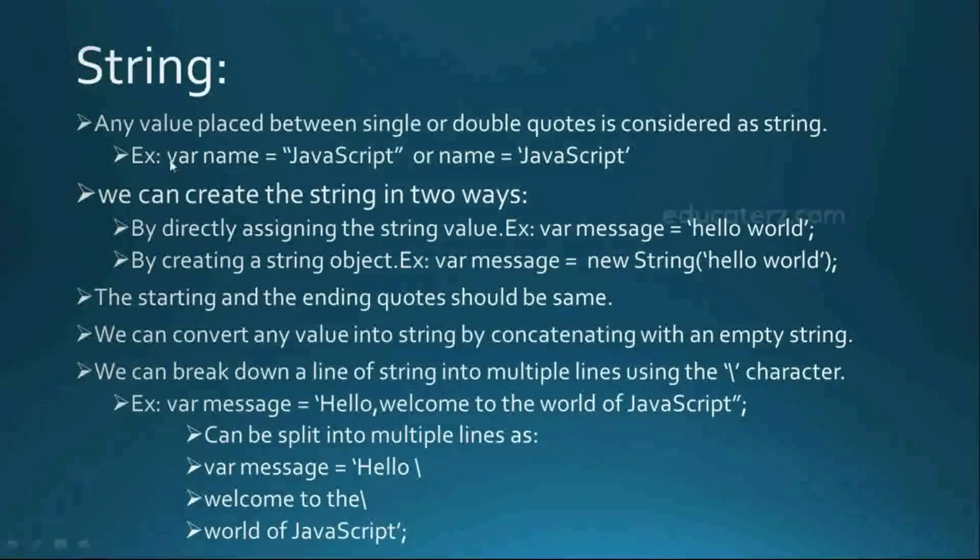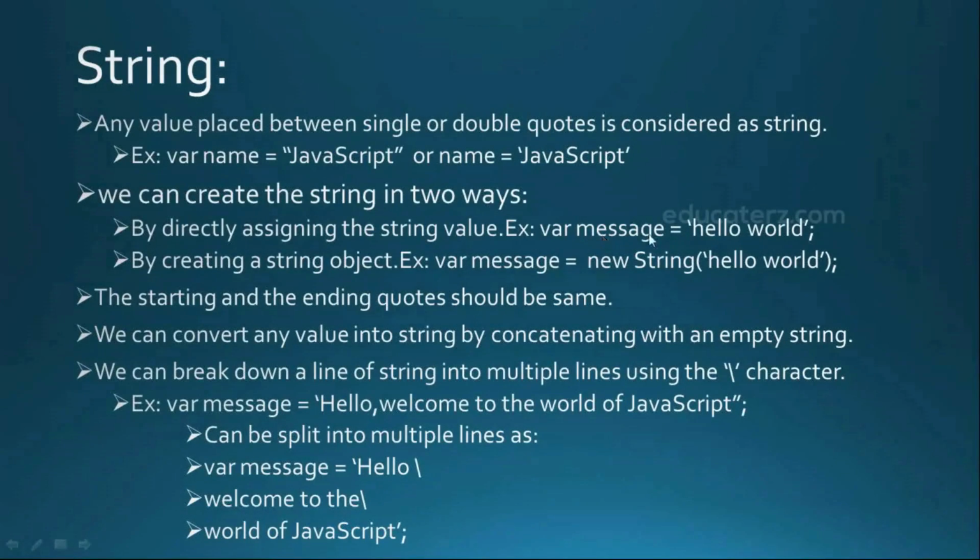In this example, you can check I declared a variable called name with the value JavaScript as a string in double quotes. Or we can also initialize the same variable with that value in single quotes. Here we can create a string in two ways, by directly assigning the string value or by creating a string object.